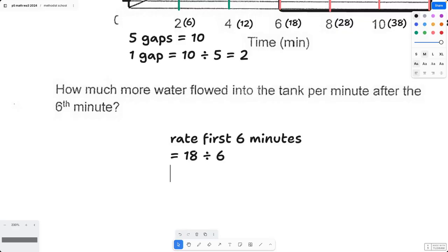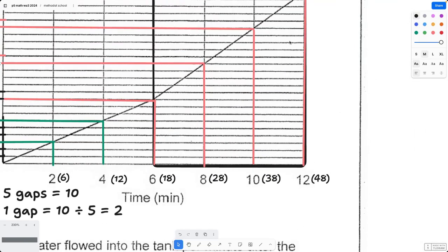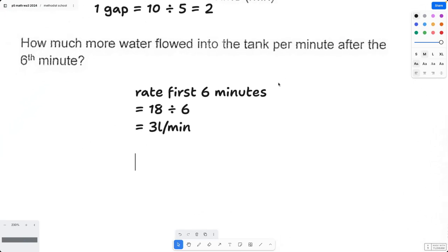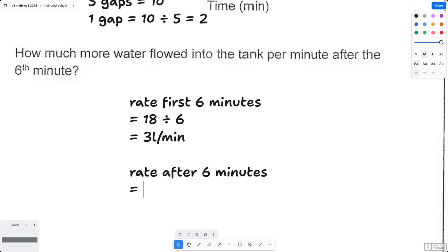Okay, so in this case, this should be equal to 18 by 6 is 3 liters per minute. Okay, so now we want to know the rate for after 6 minutes. Okay, so from 18 to 48, so rate after 6 minutes is equal to 48 minus 18.